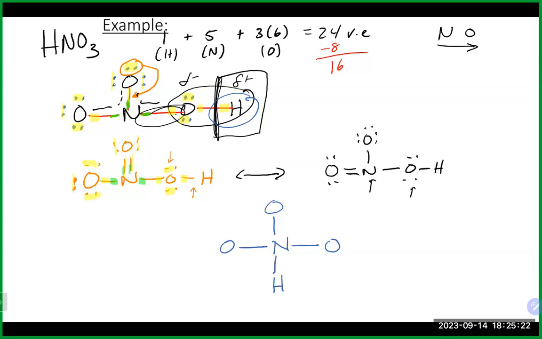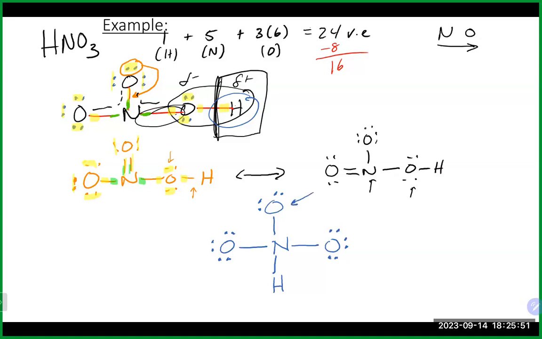At that point, it would be 2, 4, 6, 8 electrons, which still gives us 16 more to go. And if we put it on the outside, 2, 4, 6, obviously not to the hydrogen, 8, 10, 12, 14, and 16 at this point. And now we would distribute all 24 of our electrons. Is everybody good at this point?